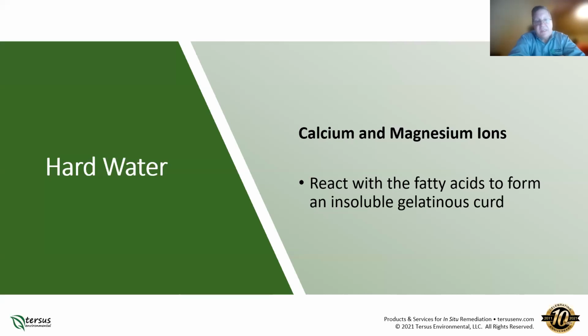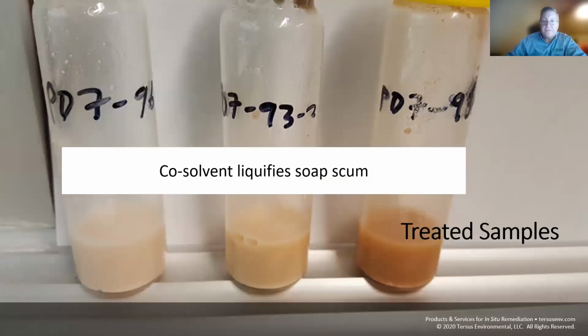And really what happens in a system where you have injected an electron donor, such as a vegetable type material, is the calcium and magnesium ions have the potential to react with the fatty acids generated from the hydrolysis process, and they're going to form this insoluble gelatinous crud in the subsurface. Here are some samples of crud pulled out of a well.